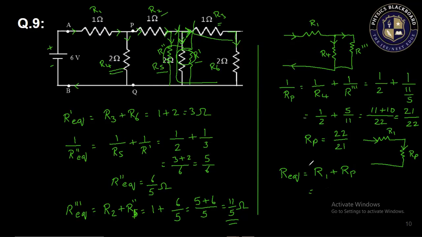What is R1 here? 1 ohm, right? So 1 plus 22 by 21. You can write 21 plus 22 by 21. Finally, what will you get? 43 by 21 ohms. 43 by 21 ohms. This is the equivalent resistance. Done.